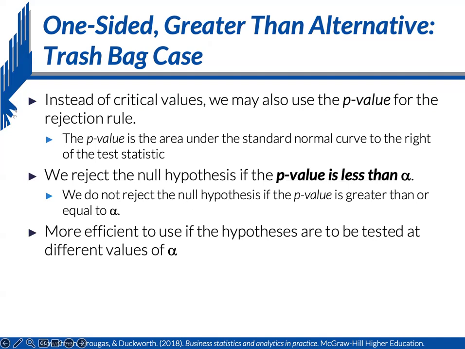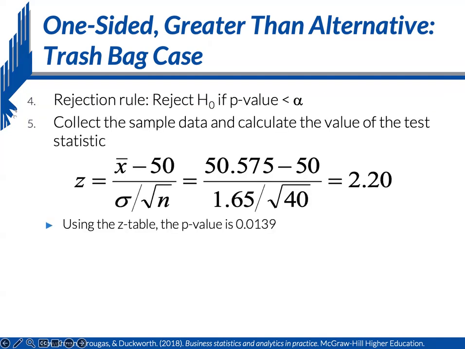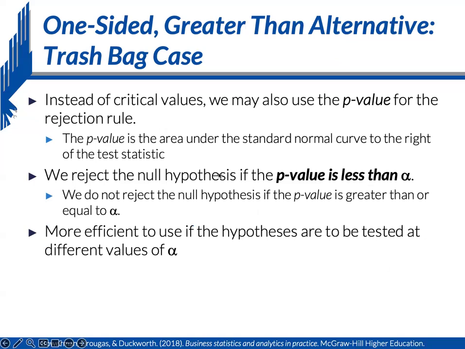So using the same example, our test statistic is 2.2, and therefore the p-value is the area to the right of this test statistic. So the p-value is a probability. And for a one-sided greater than alternative, the p-value is an area to the right of the test statistic.